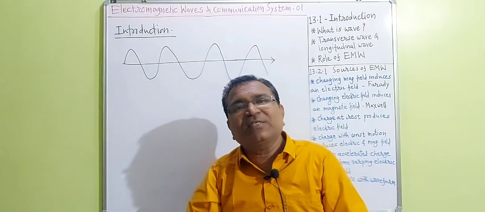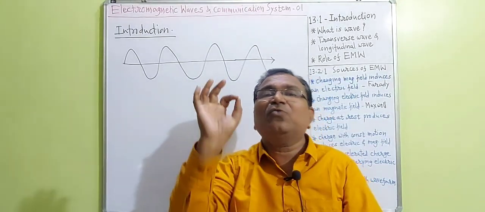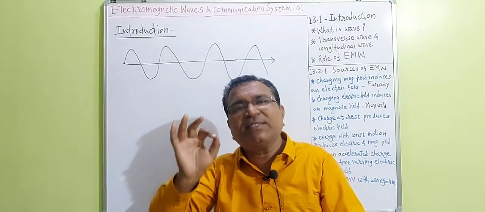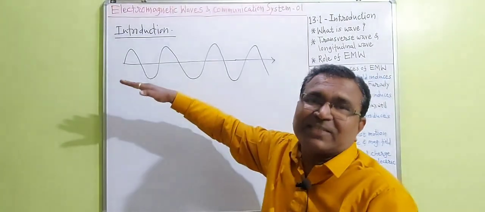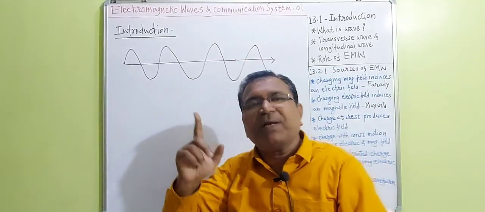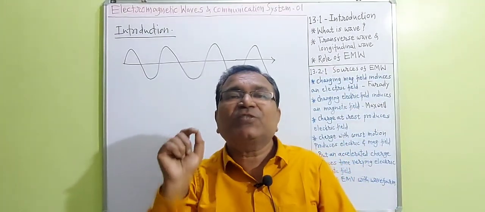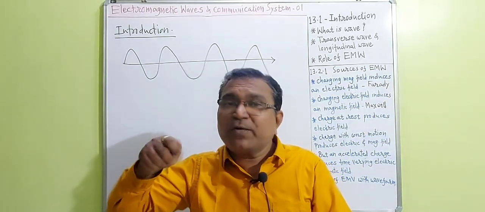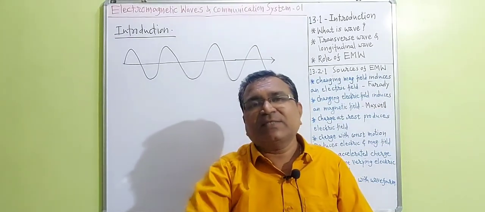Remember well, dear students, particles of the medium cannot travel along with the wave. They only oscillate up and down about their mean position. Such a wave we call a transverse wave. A wave propagating through a rope is a transverse wave.